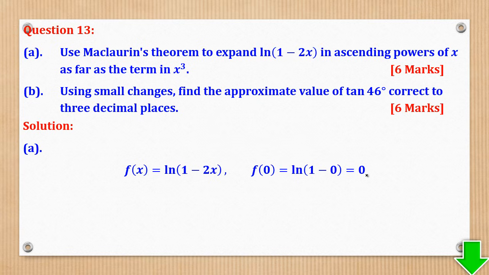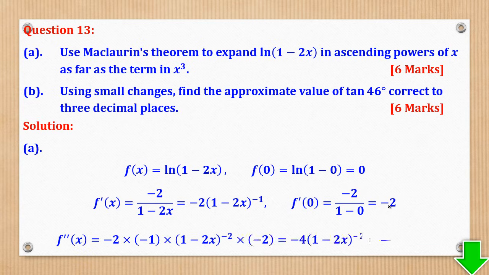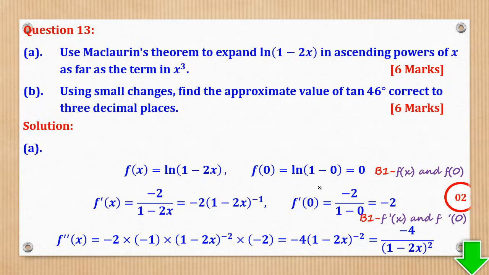When I differentiate f(x), I get f prime(x), and substitute to get f prime(0), which is negative 2. Differentiate f prime(x) to get f double prime(x) using product rule. Then you also substitute when x is 0 to give you that.